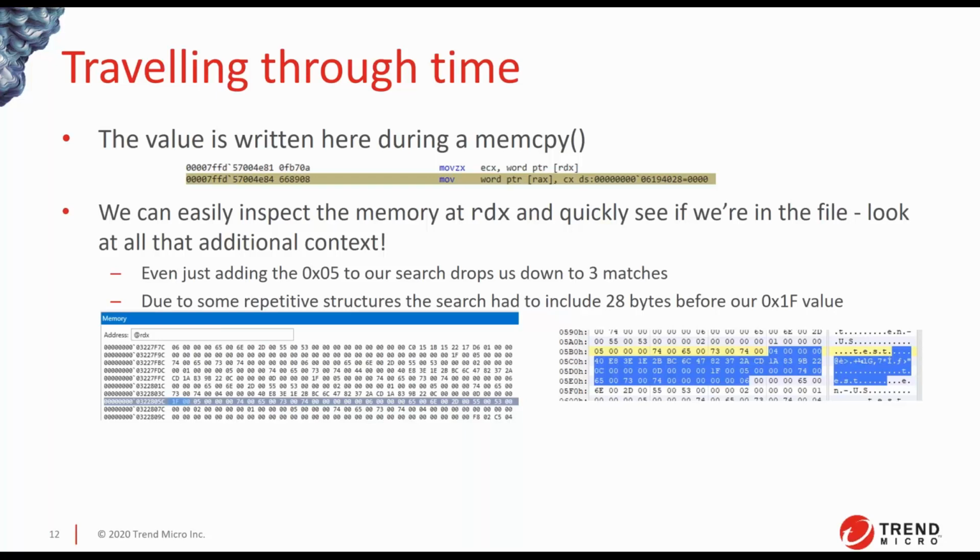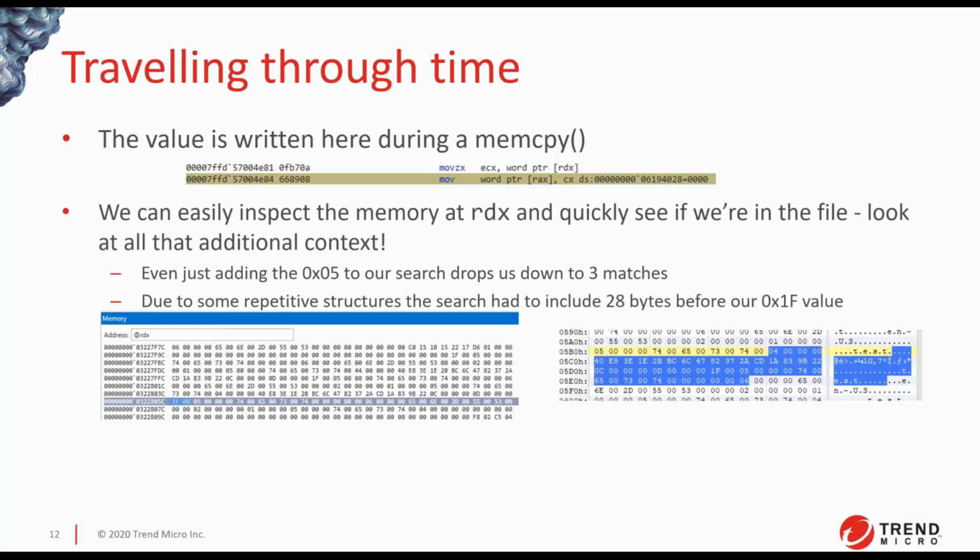If you look on the left there, that's our RDX memory location, and you can look at the memory before and the memory after. Even just adding the single byte after dropped us down to 3 matches in the file, and they were all clustered very close together.